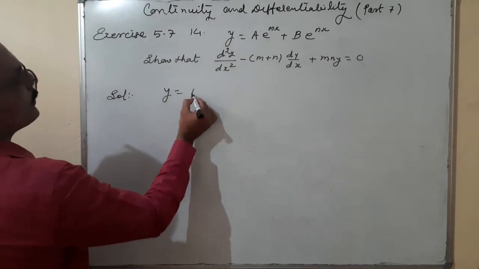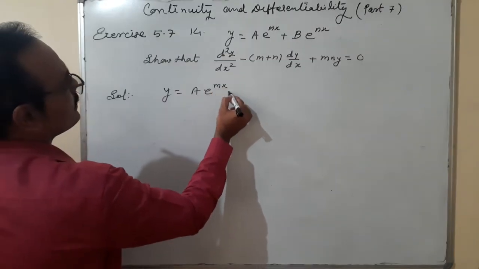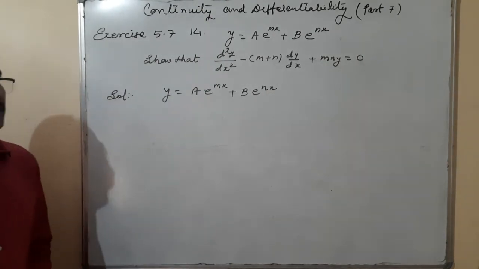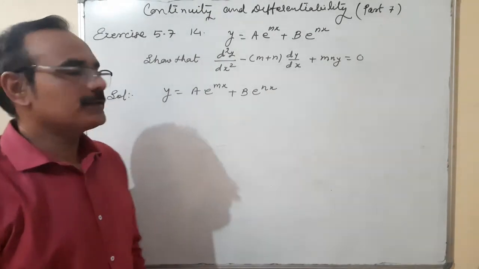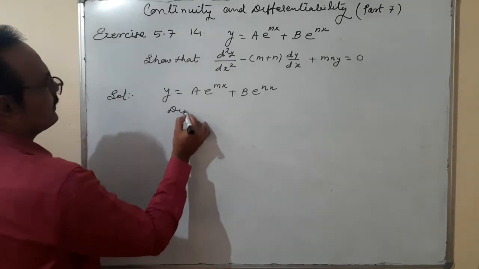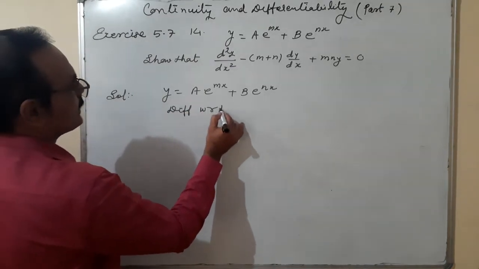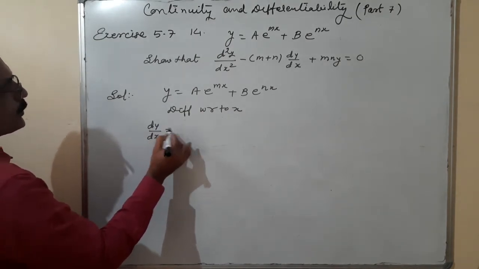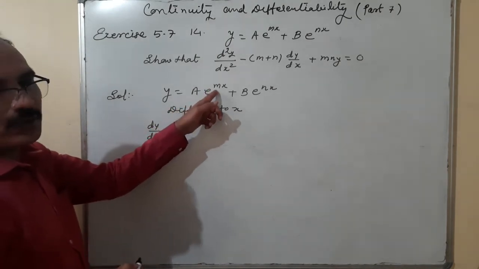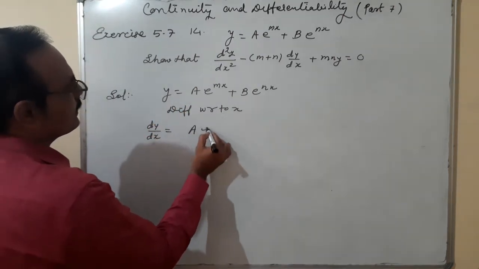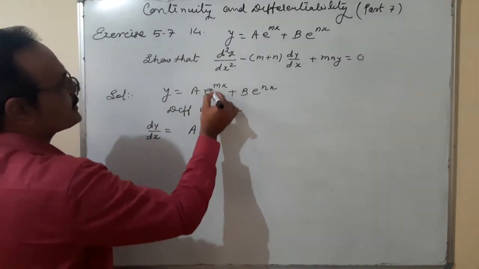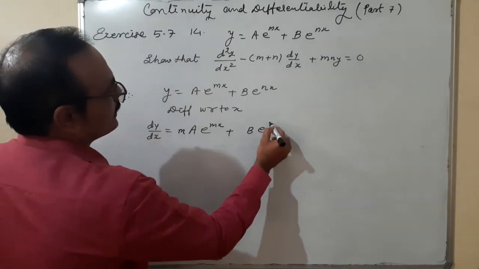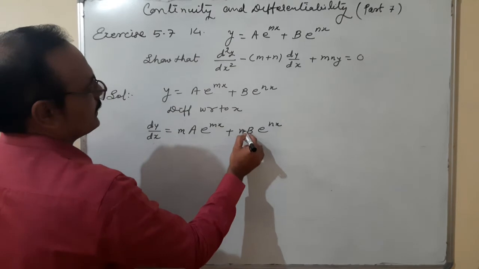y is equal to a e to the power mx plus b e to the power nx. Two times differentiation is required here. Differentiate with respect to x, dy by dx is equal to, here a is a constant term, this m is a constant term, so I'll write a e to the power mx, and again differentiation of mx, that is m, plus b e to the power nx, differentiation of nx is n.